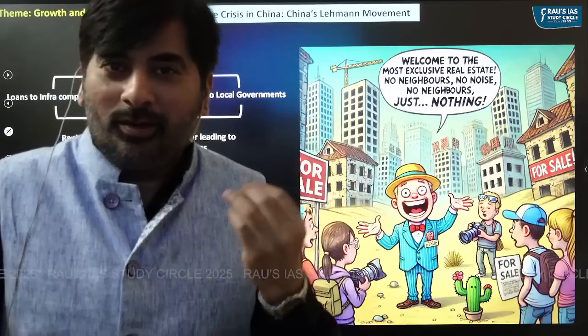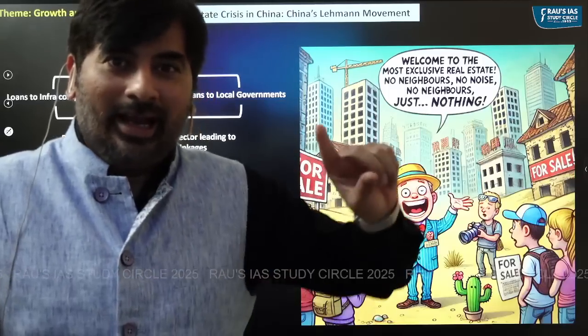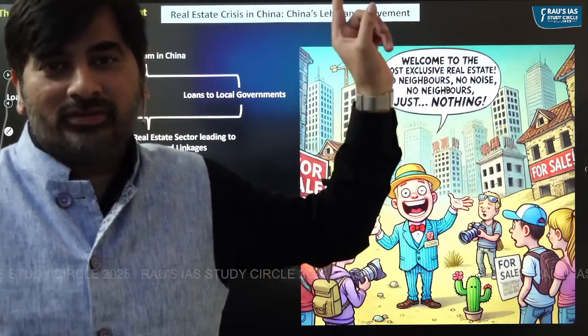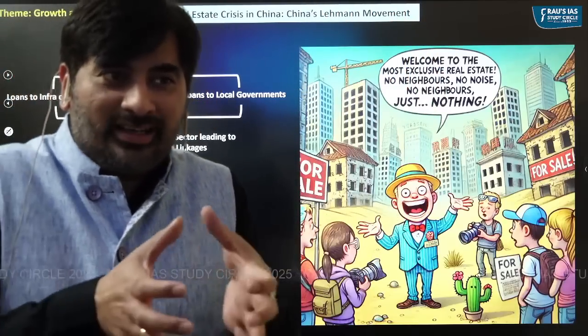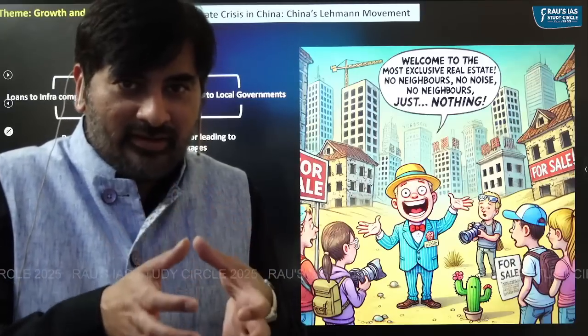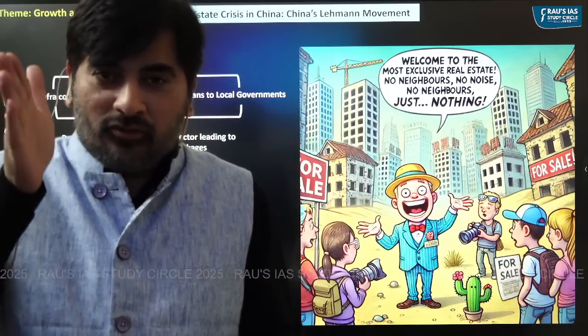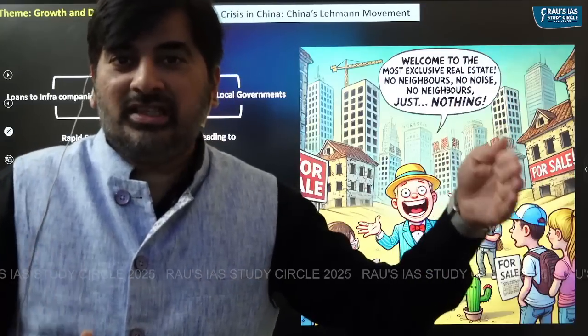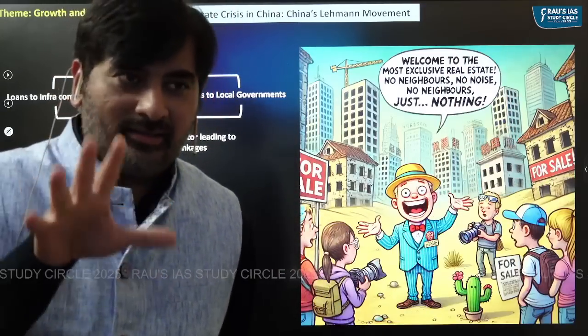What if they don't repay the loans? It will have an adverse effect on the financial system of China. So the grave danger which China faces is that the problem from the real estate sector can spread to the financial sector. That is the biggest problem.